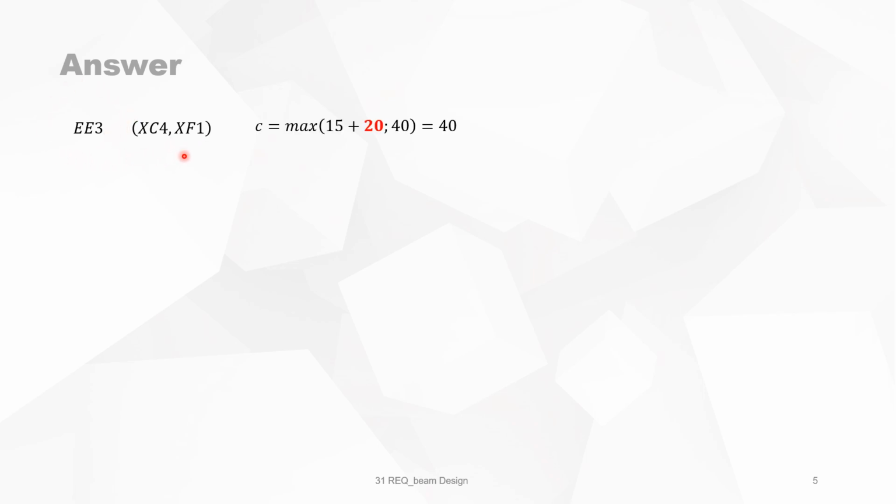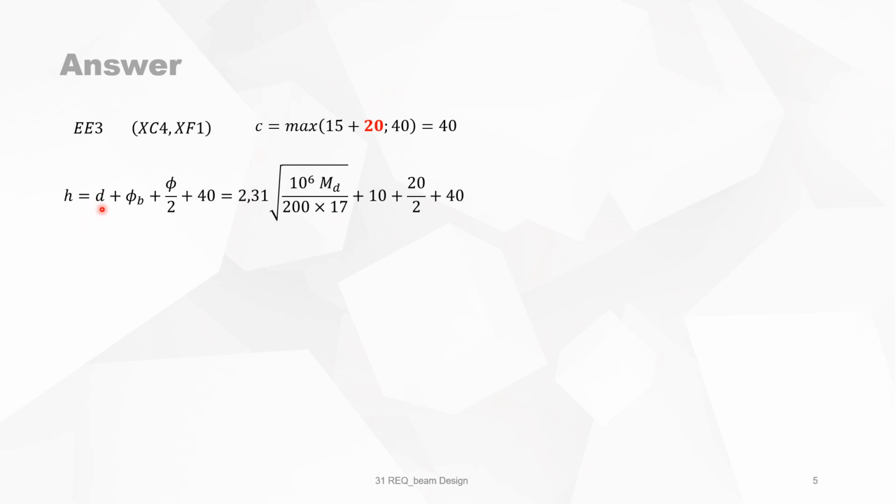So it means that the needed concrete cover to reach a proper durability, the minimum concrete cover must be at least 40, or 15 millimeters plus the largest diameter that you will use in the beam. So we assume that the largest diameter for tension reinforcement is 20. So we take a concrete cover C equal to 40 millimeters.